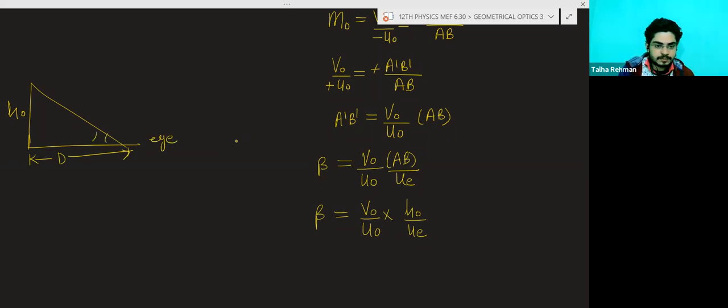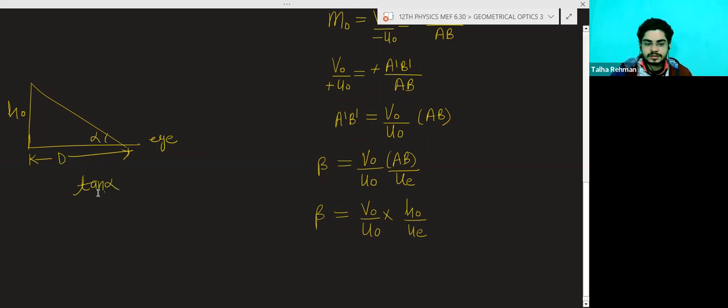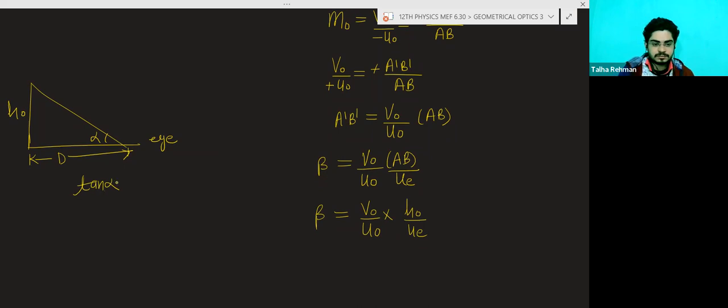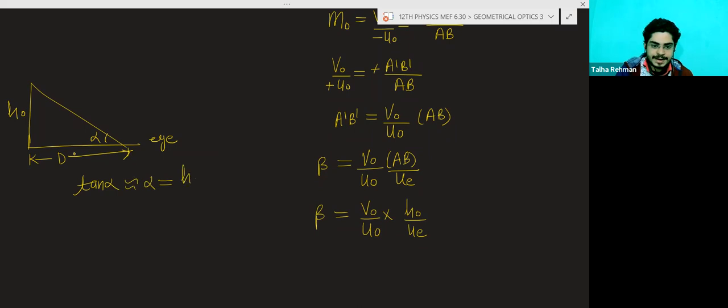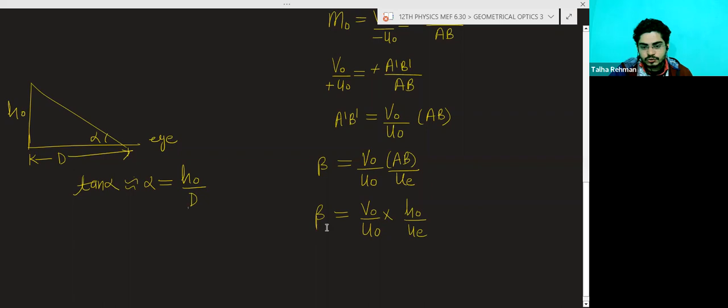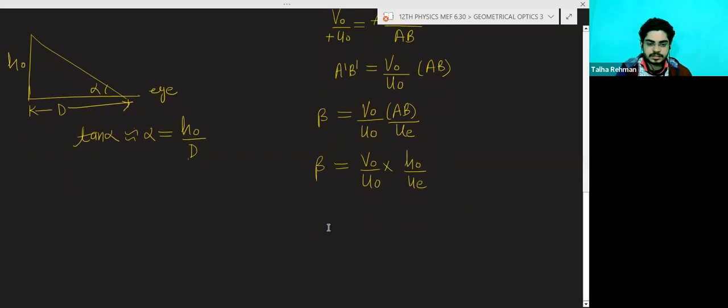This angle is alpha. If you calculate tan alpha, and this alpha is small, then you can write tan alpha approximately equal to alpha, and that alpha will be equal to h naught by d.